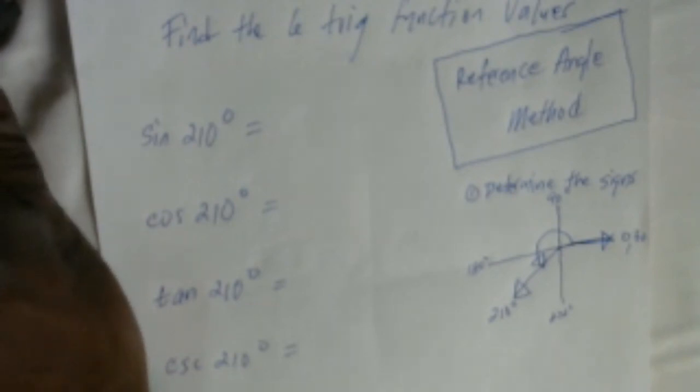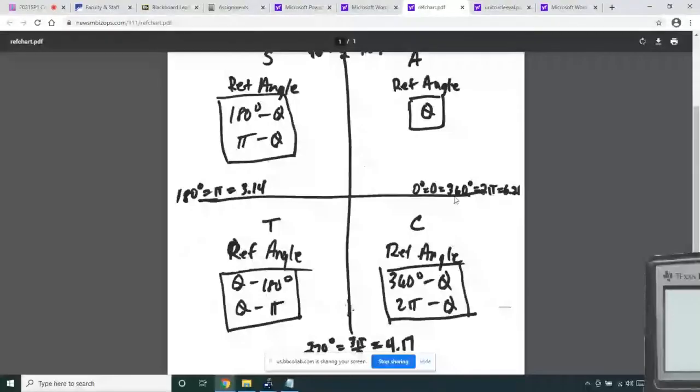If you take a look at the reference angle chart, I'm going to bring that up. All Students Take Courses. These are what give you the signs for your trig functions. So if you're in the third quadrant, only the tangent and the cotangent are positive.